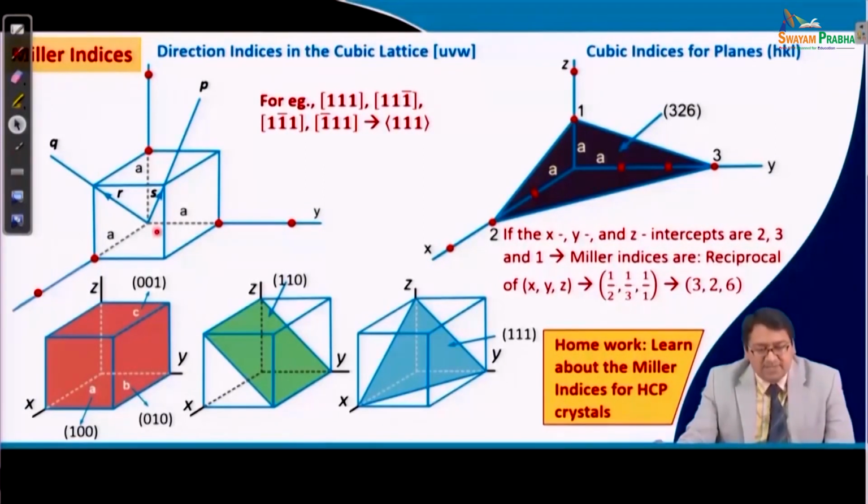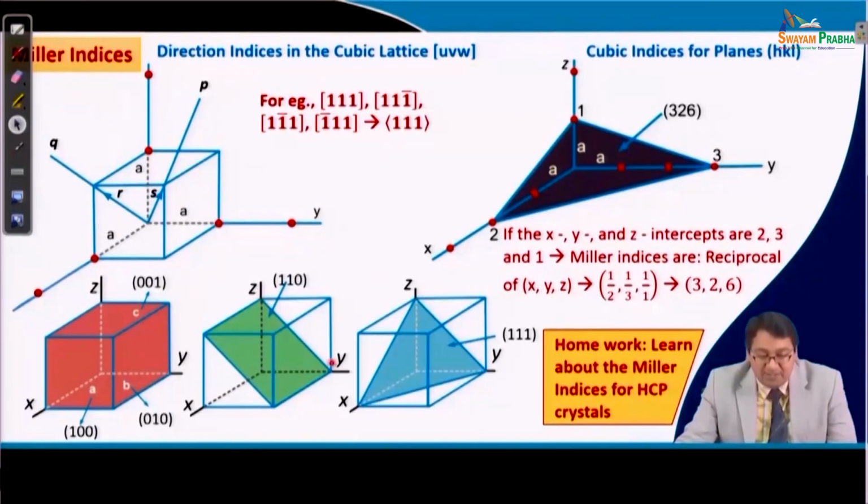So, as for example, we have seen the vector q, which has Miller indices of 1 0 1, right, and if we look into this plane, it has basically Miller indices of 1 1 0, and how it comes to be 1 1 0, one can say that if we look into this direction from the origin, like I am pointing it towards this corner, this direction is basically perpendicular to this plane, and this direction is basically the 1 1 0 direction.